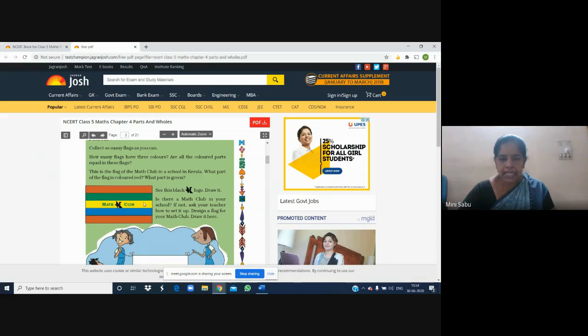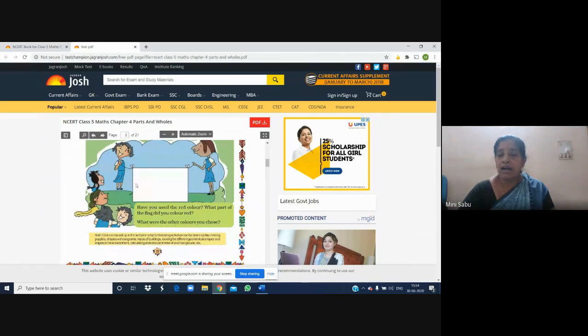Okay, and here it is told you too can make a flag for your maths club. When you make it, you can make lines horizontally or vertically, and any color you can use. Everything is your choice, but be careful, when you divide it either horizontally or vertically, divide it into equal parts.